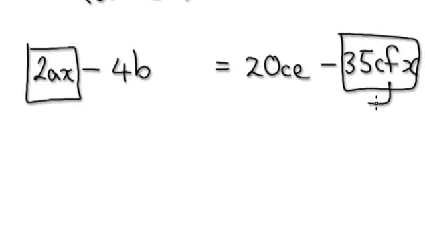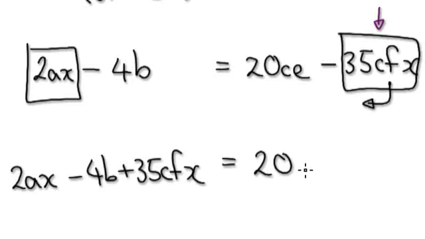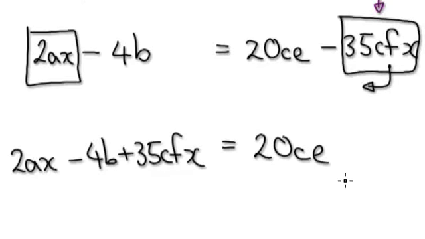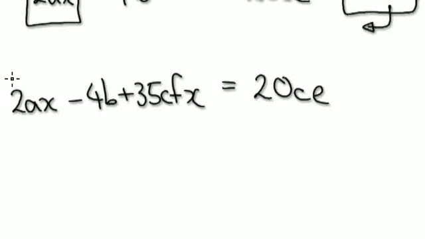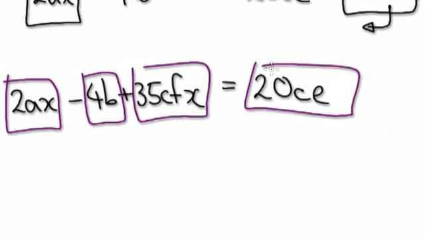So let's move this one across. Add this block to both sides. So it will be 2ax minus 4b plus 35cfx, and then over here will be 20ce. Now visualize it as this: we've got one block, take away this block, add this block equals this block.